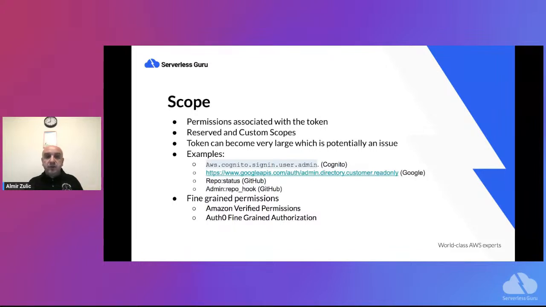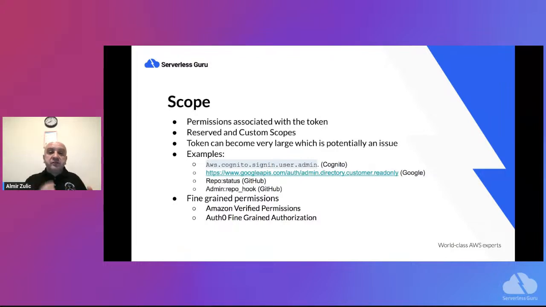So you need to be really careful with how you define scopes, and on the server you need to implement what can be done with them. If you are using a third-party authorization server, you had better be informed about what those scopes mean, because you might unintentionally allow your users to change the setup of your authorization server, which is one of the concerns with Cognito and this scope.